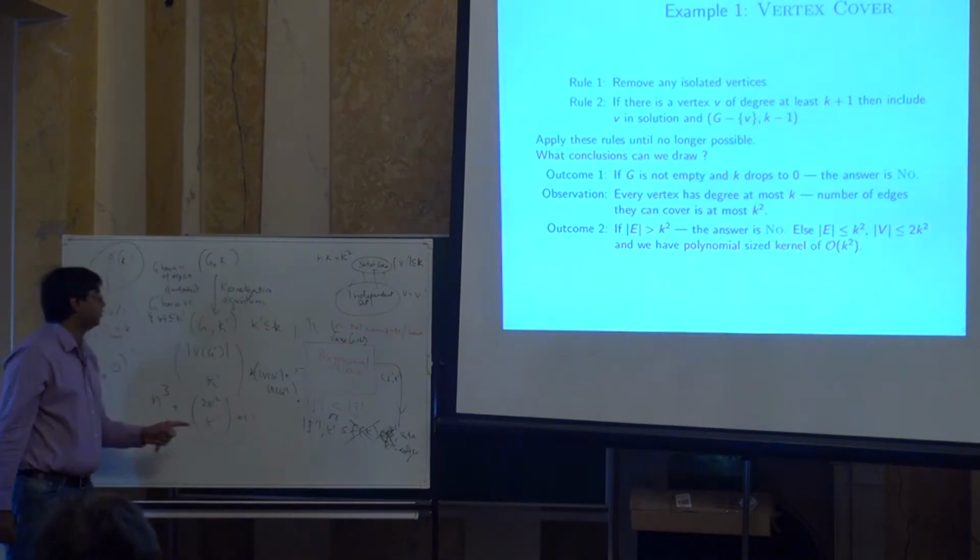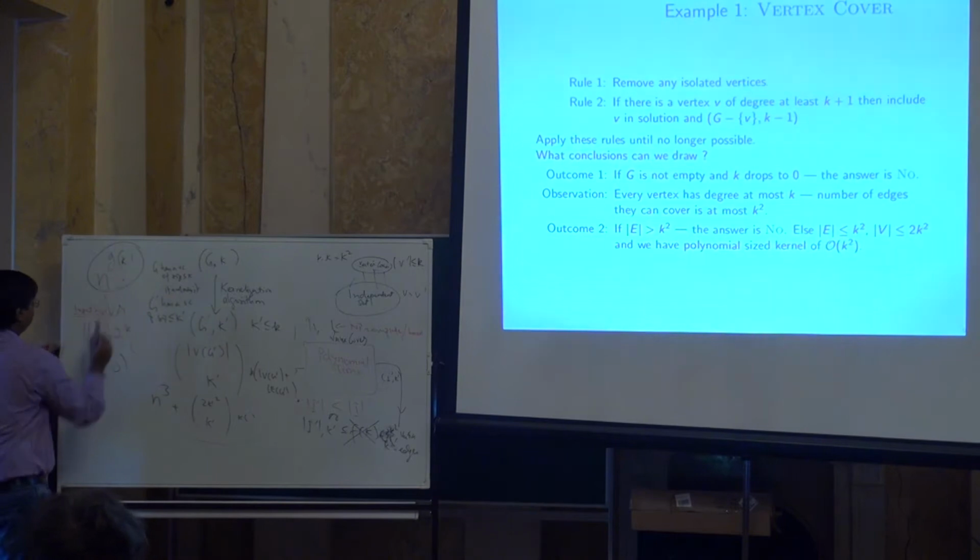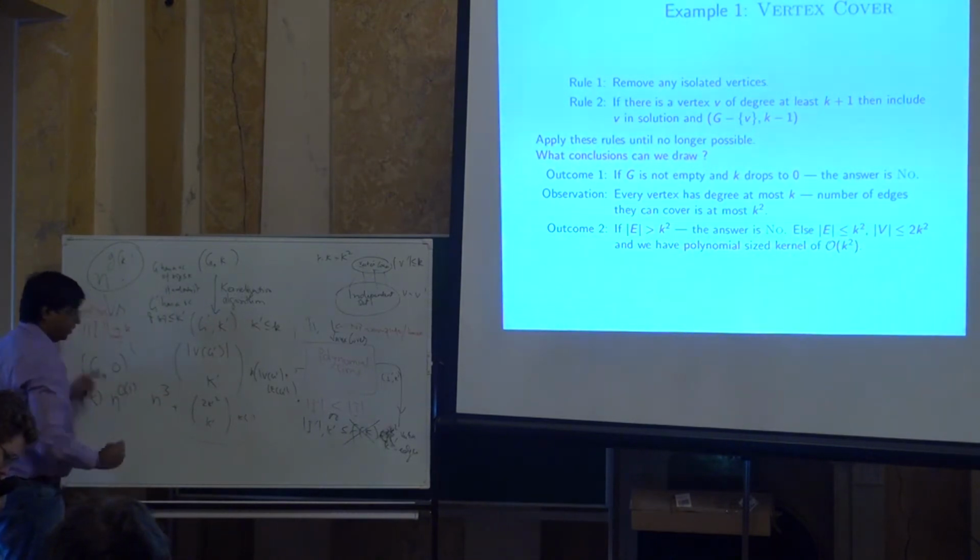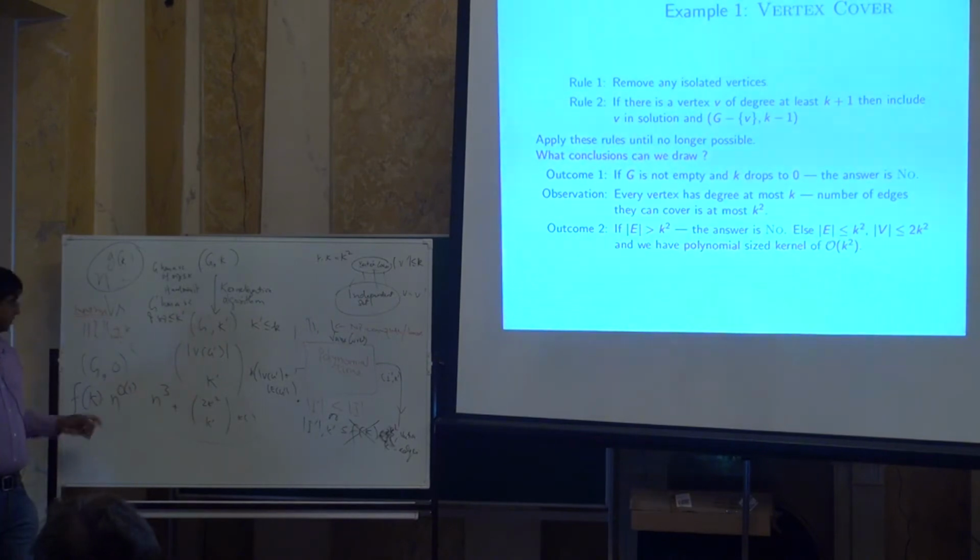What is the nature of this function? Is it like this, or is it like this? This function looks like this or looks like this? The latter one. The lower one, right?